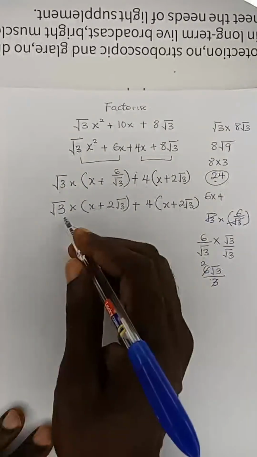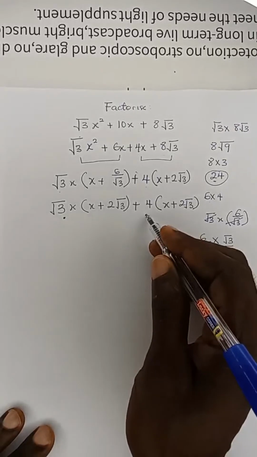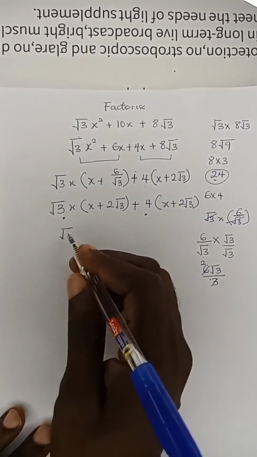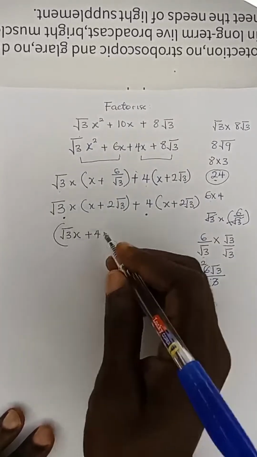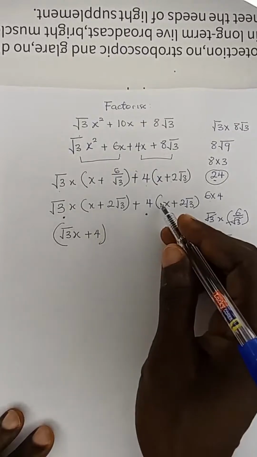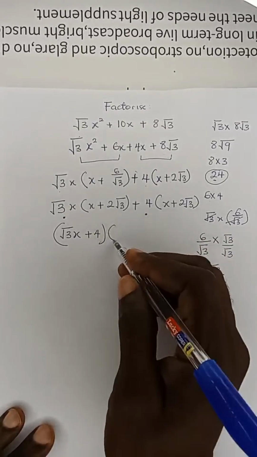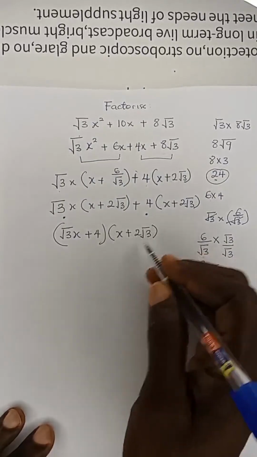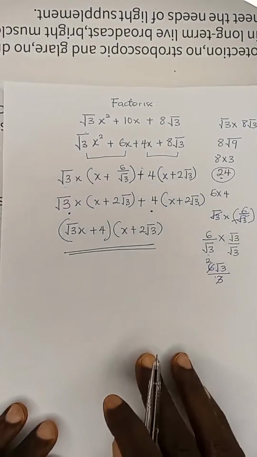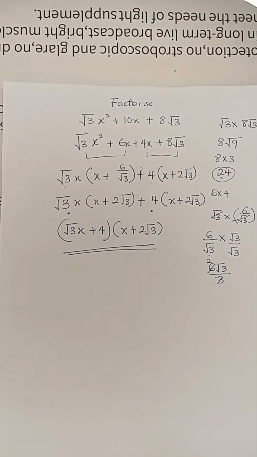Then you join what we have here and here together, and that is root 3x plus 4. Okay, and then since we have the same bracket, we're going to pick one, and when we pick it, we have x plus 2 root 3. All right, so this has been factorized.